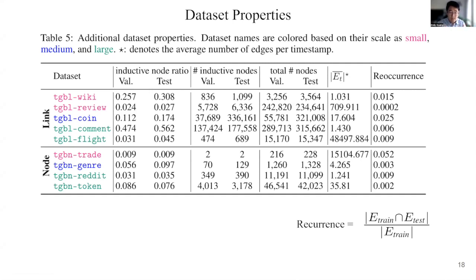While in this work, we show that because of the size of the datasets, temporal graphs naturally have new nodes that arrive in the test set. Actually, a large percentage of the nodes for many datasets, more than 10% for the link prediction task, naturally have this inductiveness in the test set, so your method must perform well on both transductive and inductive nodes in the test set.